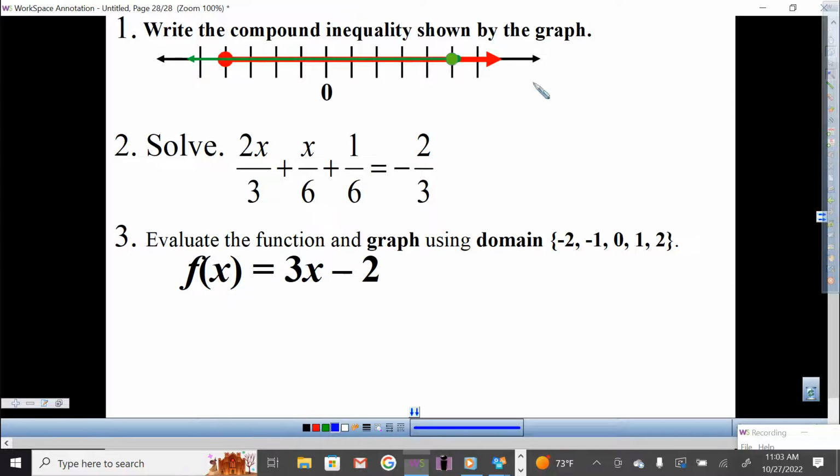Jessica, what'd you get? Solution set of x such that -4 is less than or equal to x, 5. Hands if you got that. Looks about right.